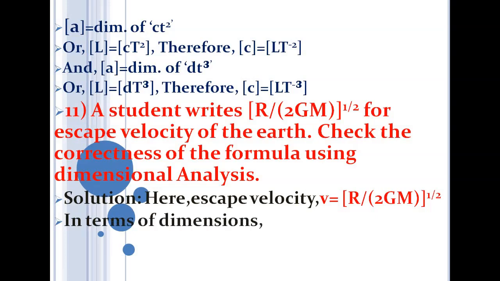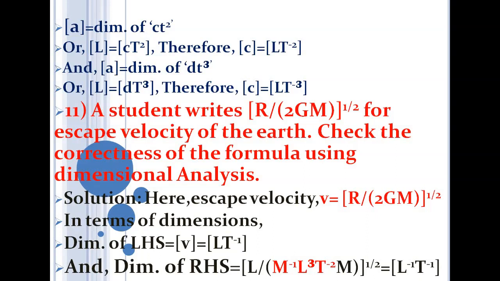In terms of dimensions, the LHS, that is velocity, is LT^-1. Similarly for the right side, r is the radius, length, so it has the dimension L. 2 is a numerical value, simply a number, so it has no dimension.